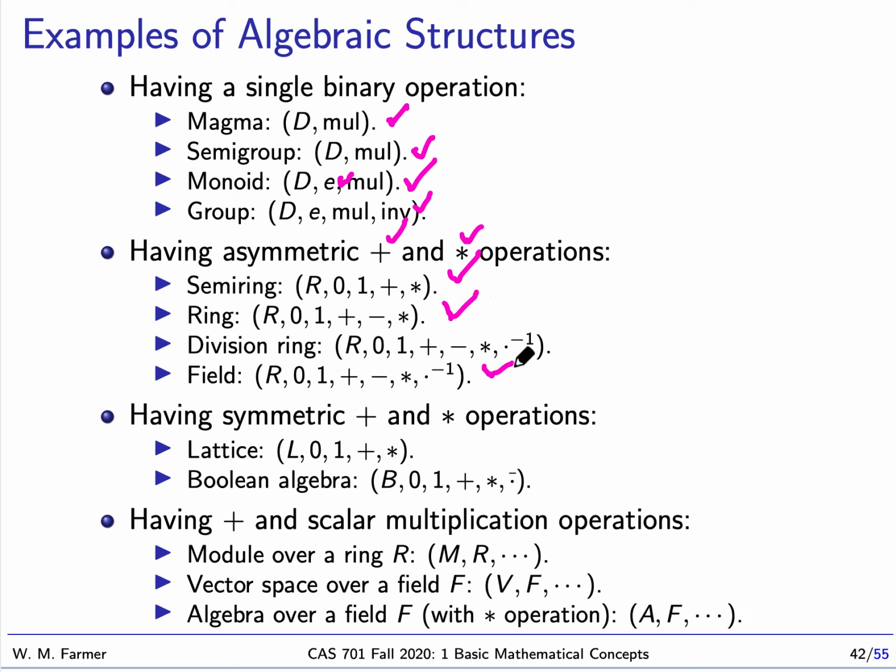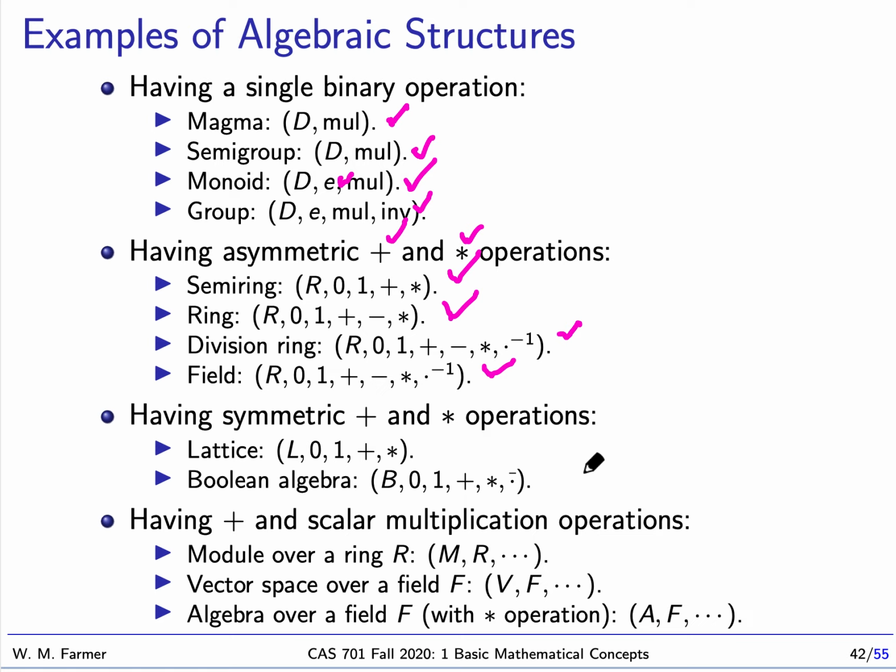And a field, example of that would be having our domain be the rationals or the reals. And then there's a division ring, which are relatively rare. A division ring is like a field, but the multiplication operator is not commutative. But it does have an inverse operation. So if you think of a field, we have 0 and 1, plus and negation, times, and multiplicative inverse.